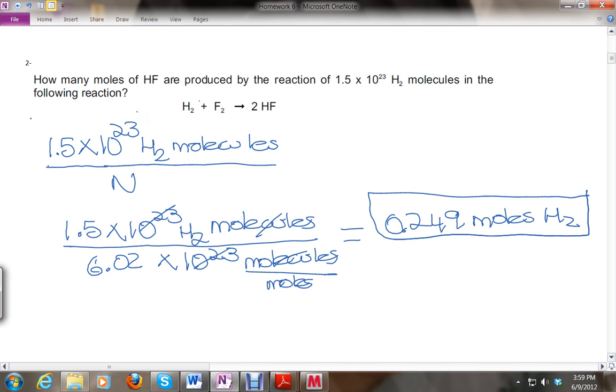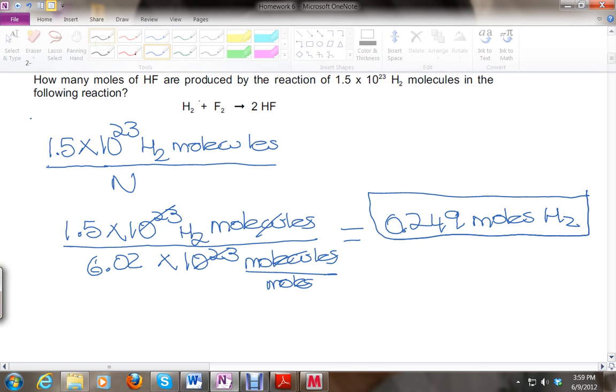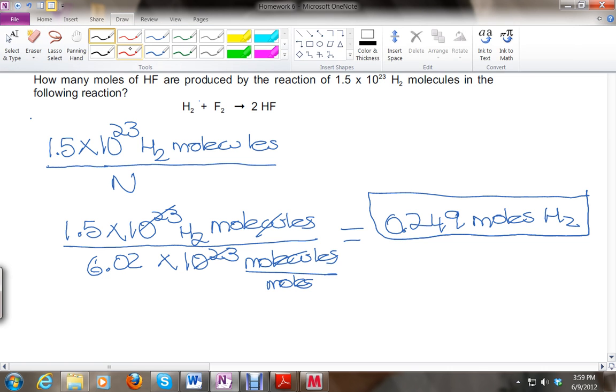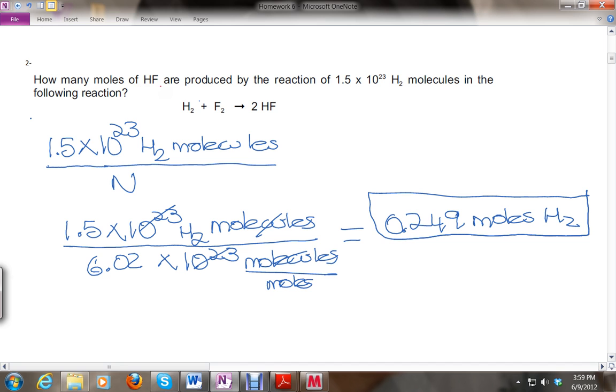Now what do we need to do? The stoichiometry ratio. Use our recipe to determine, because they're asking for the moles of HF, hydrogen fluoride. If it's a gas, if it's an aqueous solution, it would be hydrofluoric acid. So here you got 0.249 moles. Now understand this.